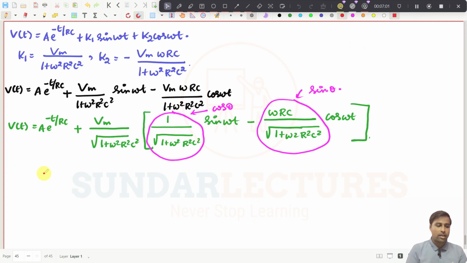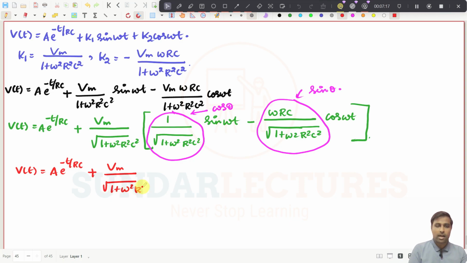And now maybe I can directly write V of t as A e power minus t by RC, and then plus Vm divided by square root of 1 plus omega square R square C square, times sin omega t cos theta minus cos omega t sin theta.